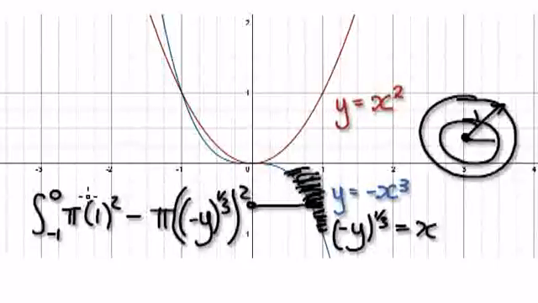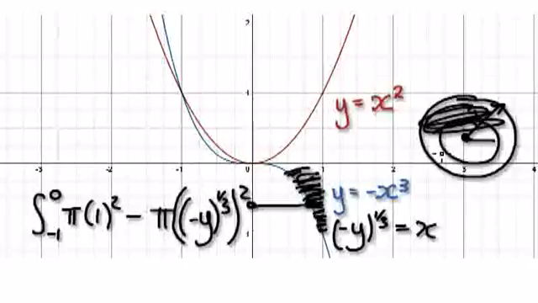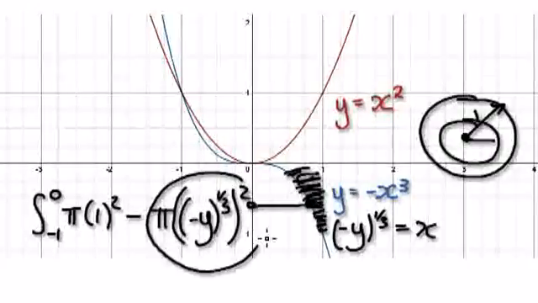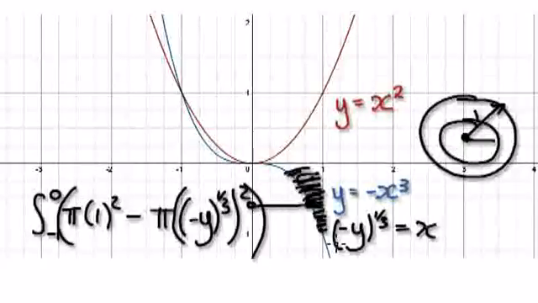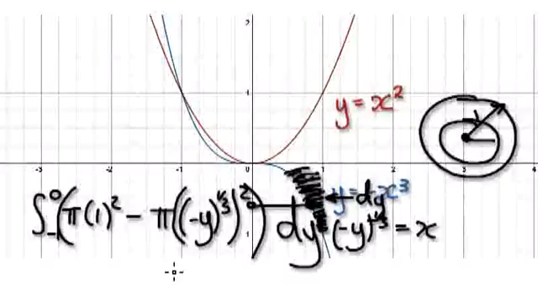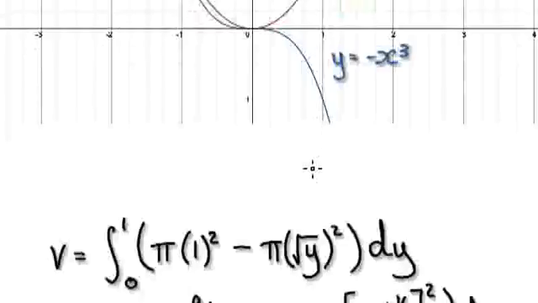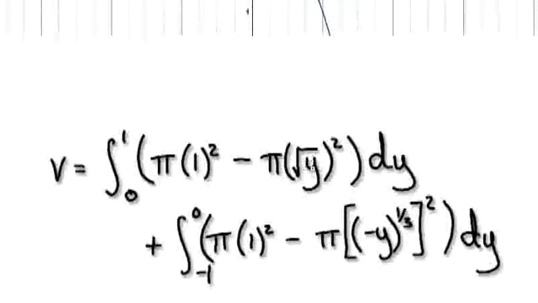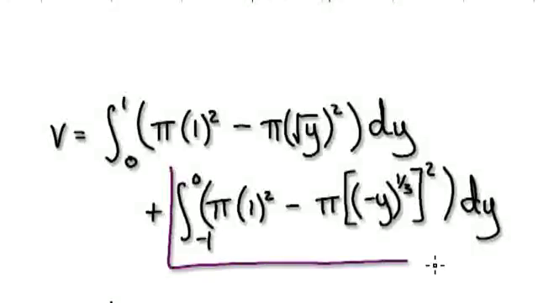This bit is the area of the big circle, this bit is the area of the small circle, and then you're integrating. As you're moving up, the thickness is dy, so you're integrating with respect to dy.